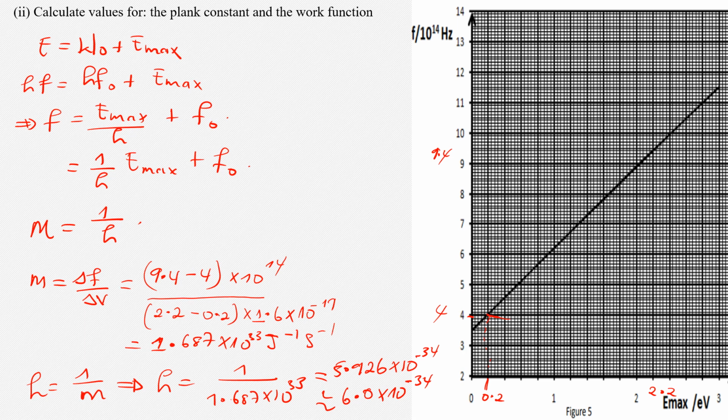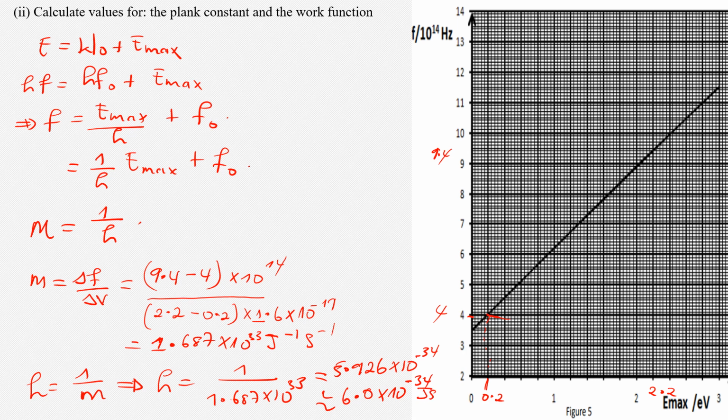Okay, so the actual value of the Planck's constant is 6.62 times 10 to the negative 34. So the reason why this can be a little bit far is also due to the clarity of the graph, so the little errors that can be committed due to the clarity of the graph and how precise we are at the level of collecting our values.